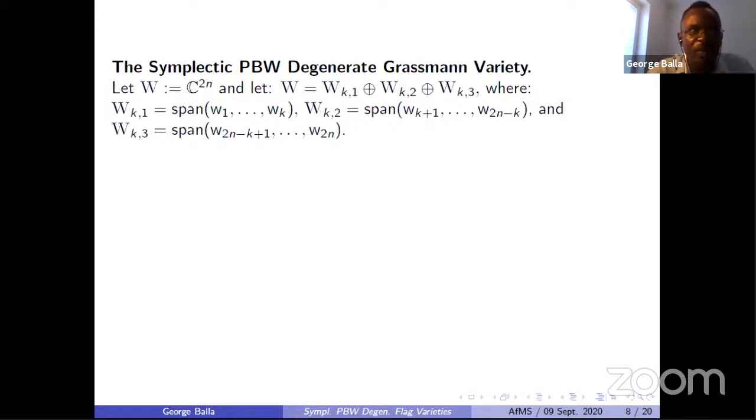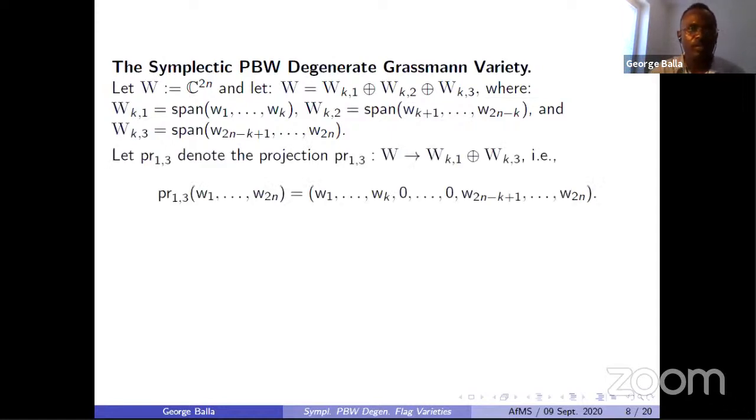Coming back to linear algebra, let's take C^{2n}, call it W to simplify notation, and take a decomposition having components W_{K1}, W_{K2}, and W_{K3}, where the first one is the span of the first K basis vectors of W. The second component is from K plus 1 to 2n minus K. And the last one begins from 2n minus K plus 1 to 2n.